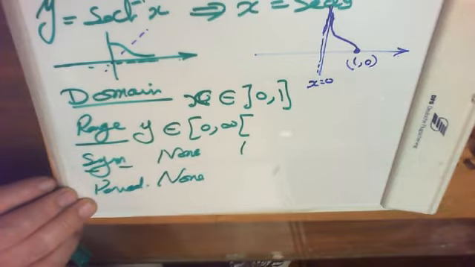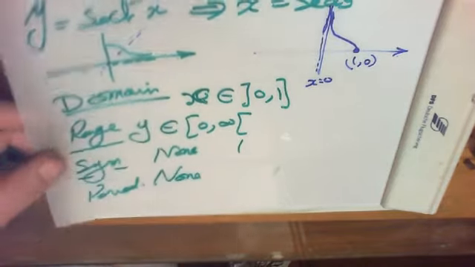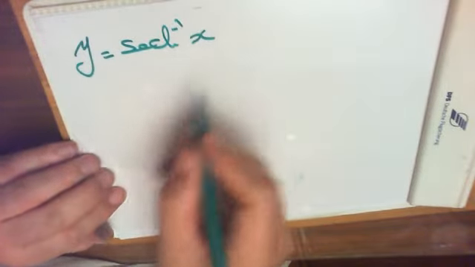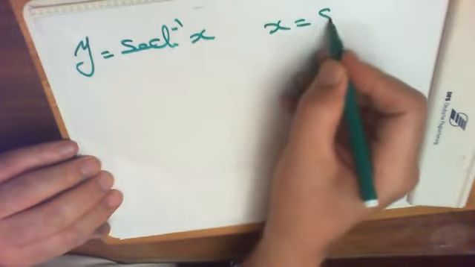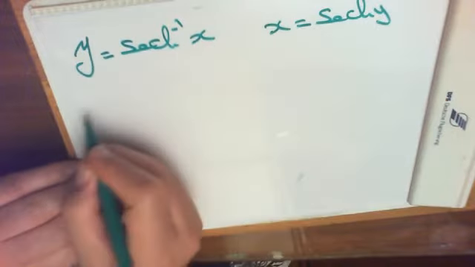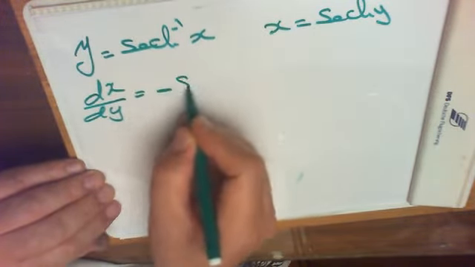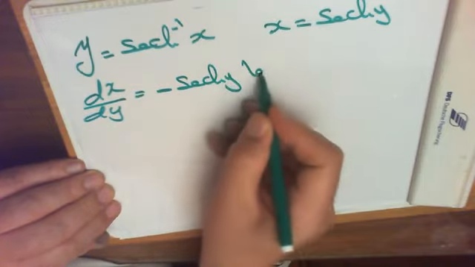Okay, derivative, let us take it separately. y equals sech minus 1 x, which means that x equals sech y. Therefore, dx by dy equals minus sech y tanh y.